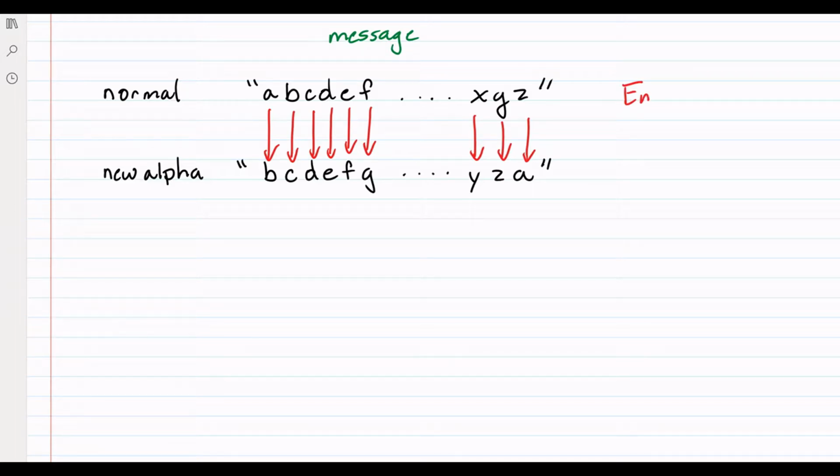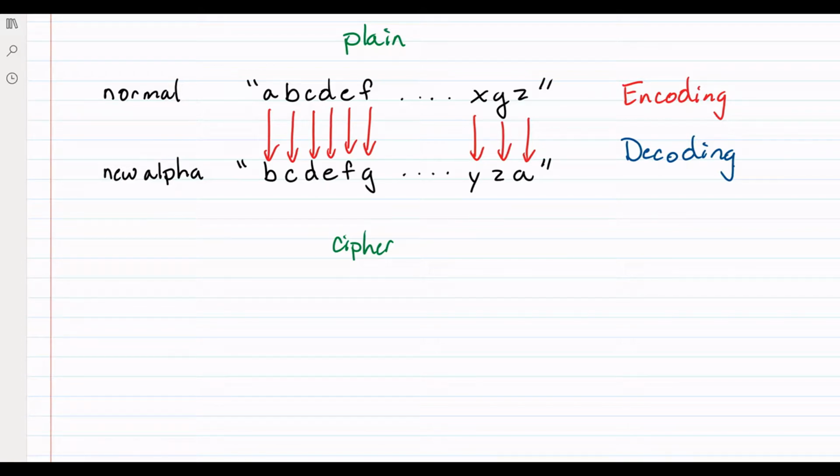So that's if you're encoding. If you're decoding, you're just going the opposite way. So you have your cipher text over here, I guess it should be plain. You're going from your cipher text to your plain text.